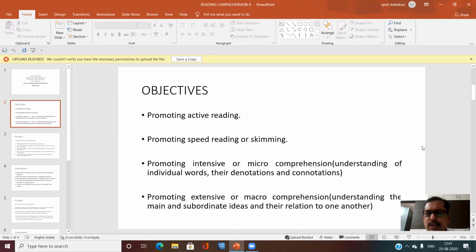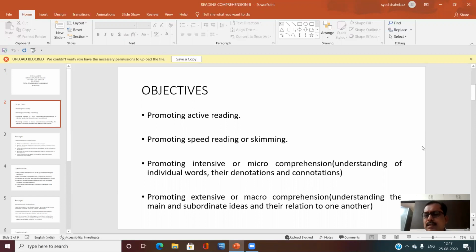What is macro comprehension? Understanding the main and subordinate ideas and their relation to one another. So this is understanding the main idea, the major concept in that passage, and the subordinate ancillary ideas related to that concept we are going to study.